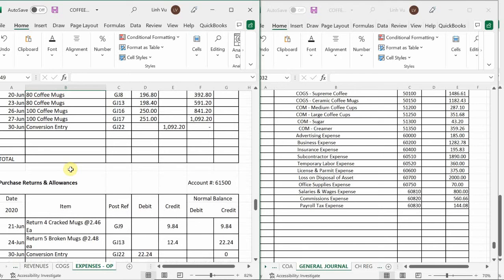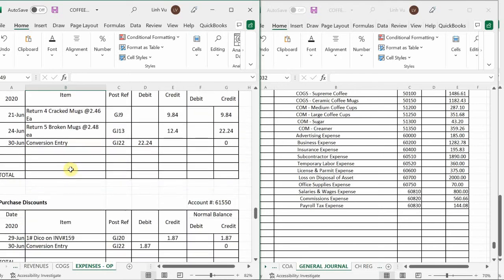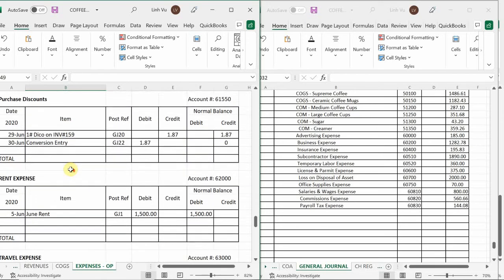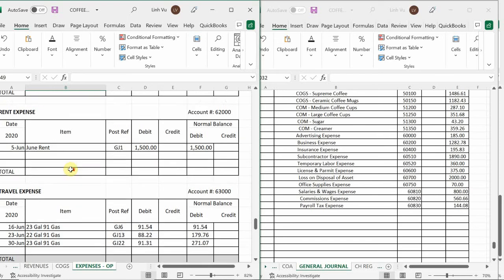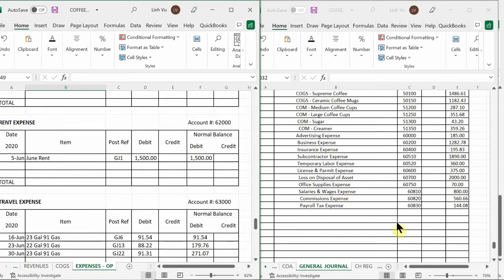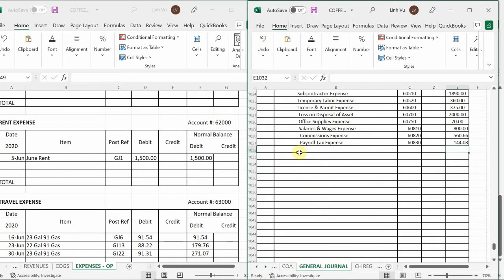Purchase expense is 0 right now. My purchase returns allowance is 0 right now. And my purchase discount is at 0 right now. I have rent expense for a total of $1,500.